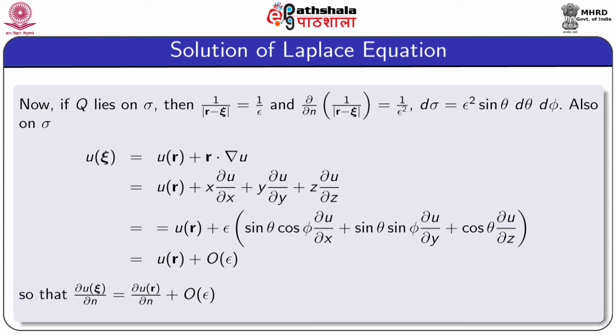So, this term can be considered of order epsilon. So, on sigma u xi is equal to u r plus a term of order epsilon. Therefore, del u del n is equal to del u del n at r plus an order epsilon term.